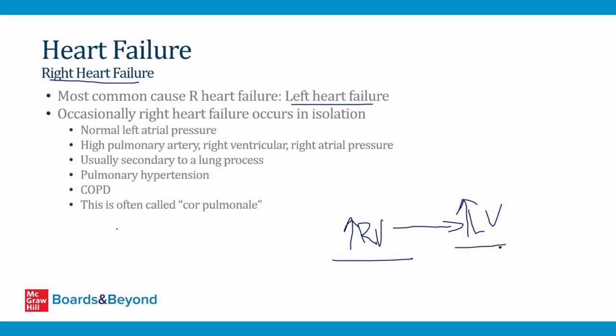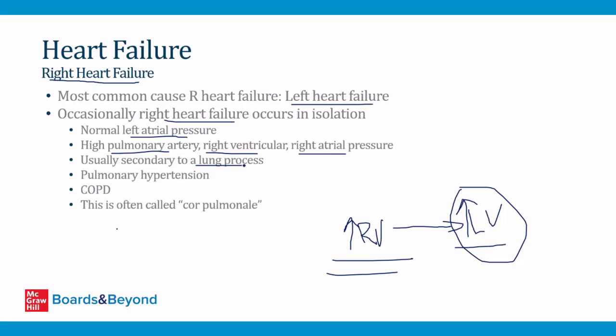However, there are some rare occasions where the right ventricle can fail in isolation. In other words, the left ventricle is totally healthy, but the right ventricle has a problem. In these patients, the left atrial pressure is normal because there's no issue on the left side of the heart, but the pressures are high in the pulmonary artery, the right ventricle, and the right atrium. This usually happens secondary to a lung process.